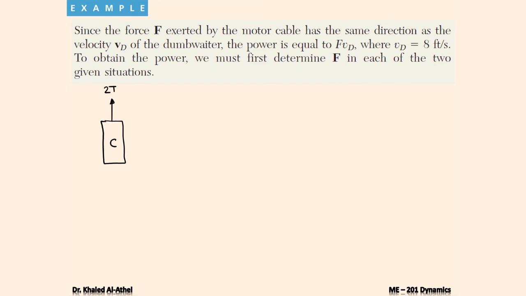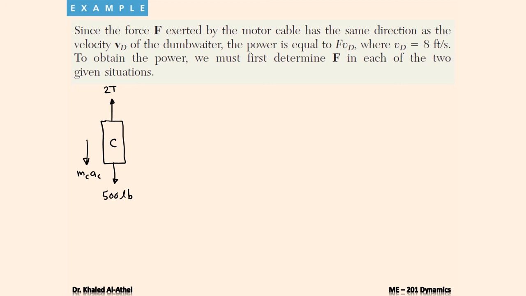And I have the weight downward, which was 500 pounds. And of course, I'm going to have the inertia downward, I have m_C a_C.